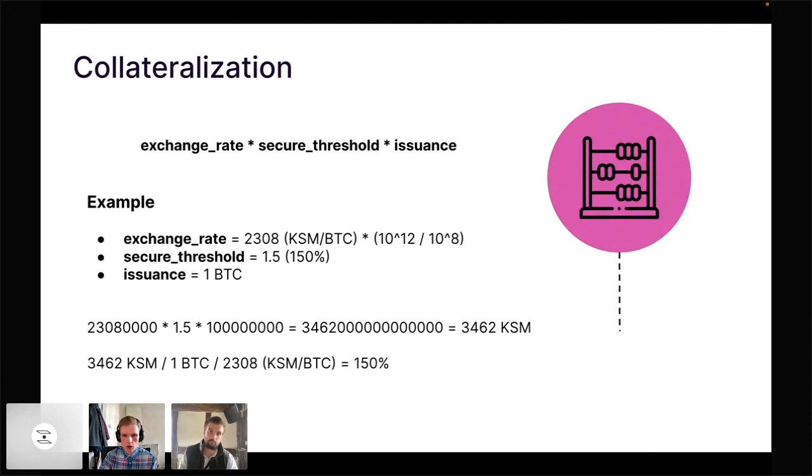And indeed, if we can, there are some rough calculations here, which I won't go through, but if the vault goes below, say, I think the liquidation threshold may be like 110%, or so, if the collateralization rate falls below that, then we will use the off-chain workers mentioned before to automatically liquidate those holdings.